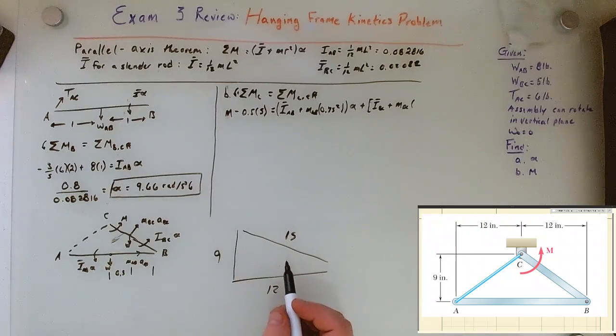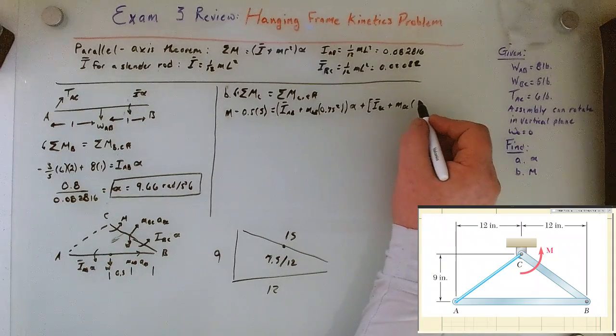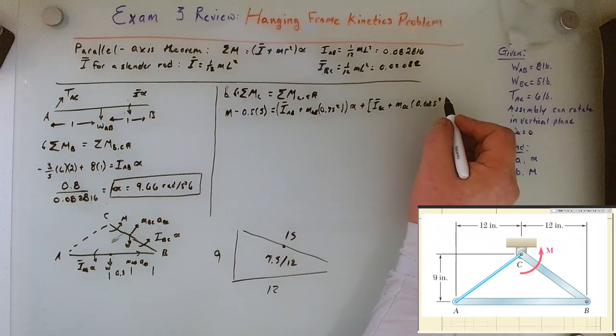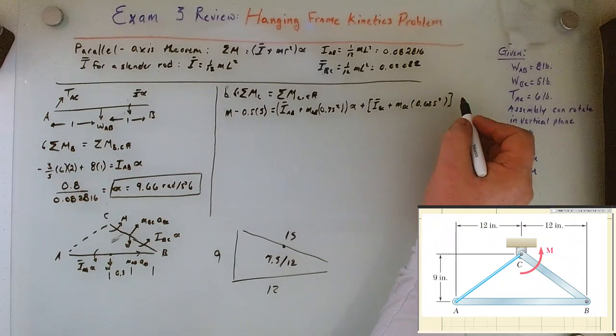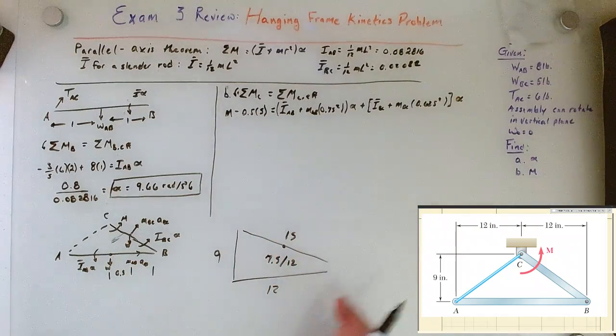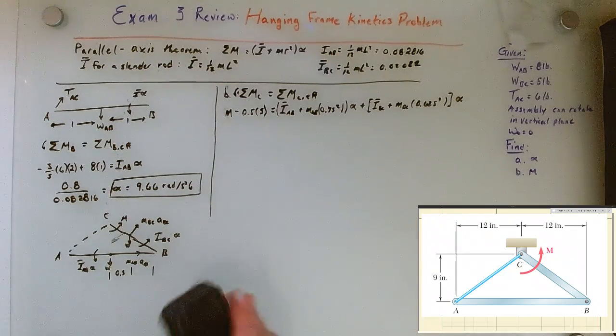But we're looking for the middle, and that would be 7.5, and we want it in feet, so that's 7.5 over 12, and that gives us 0.625. That's going to be squared, and the whole thing is going to be times alpha, right? So we could actually add up all of the internal components and then multiply it times alpha once. Either way is fine. It's not more accurate to do it one way or the other, whichever one works.